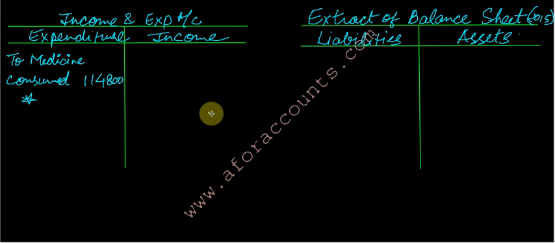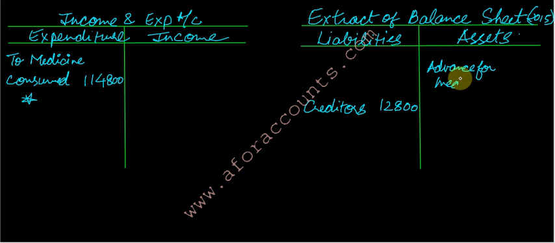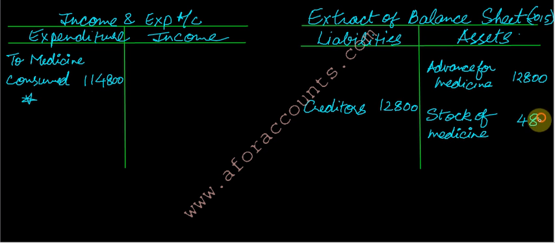And in the extract of balance sheet, my current liabilities include the creditors of 12,800, and advance for medicine will be my asset. $12,800 for the current year is my asset, and stock of medicine, closing stock, is an asset, $4,800.